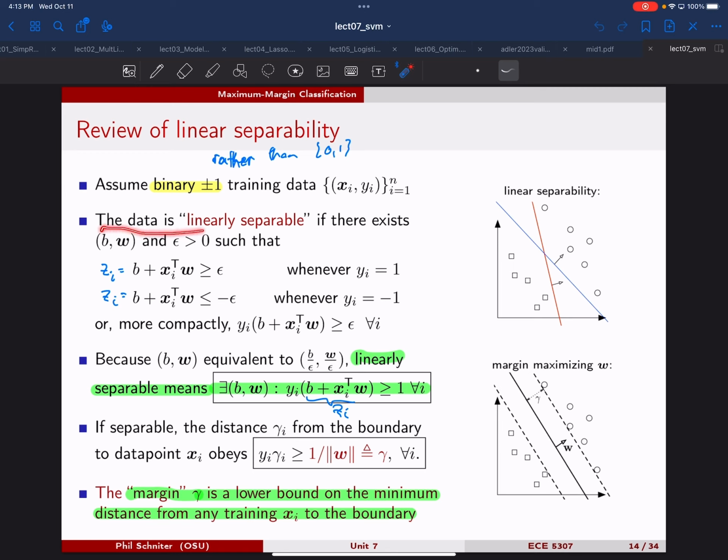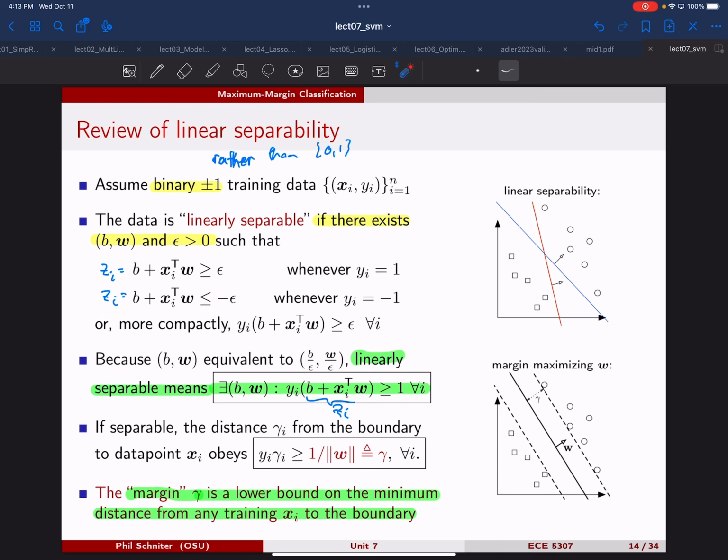Say that the data is linearly separable if there exists some B and W and some positive epsilon, such that for all the scores Zi corresponding to targets 1, the scores are positive, and then for all the scores corresponding to targets -1, the scores are negative.